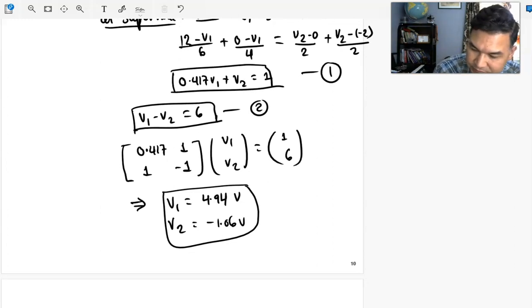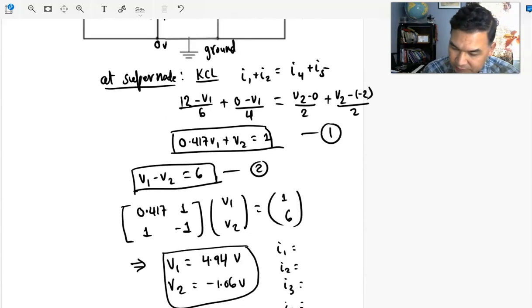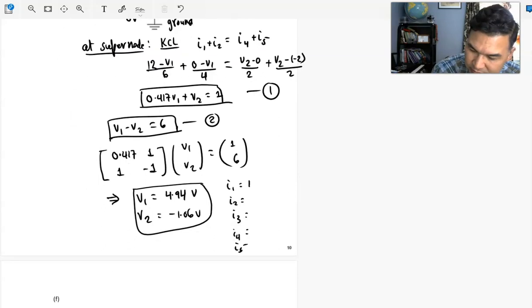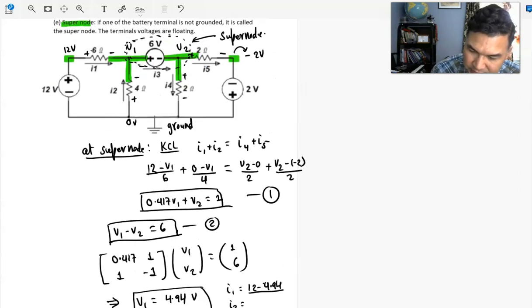All the currents: I1, I2, I3, I4, and I5. So what is I1? Back to the diagram, I1 is 12 minus V1 divided by 6. So 12 minus V1, where V1 is 4.94, divided by 6 ohm.